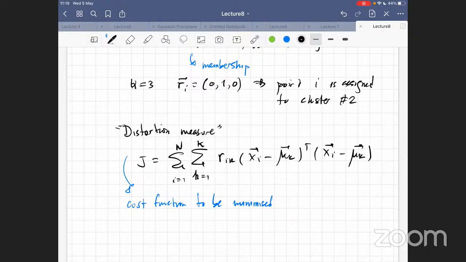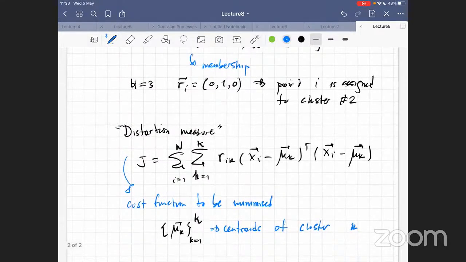Here, the sum is over k from 1 to capital K. These mu_k describe the centroids, the centers of cluster k, let's say.